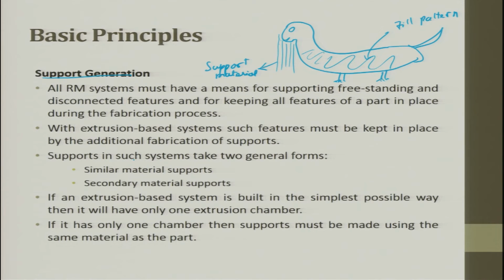Support in such systems takes 2 general forms: similar material support or secondary material support. Similar material, what will happen is the density of the material fill will be low, so that it can be easily broken off. Secondary is that the strength of the material itself is low.